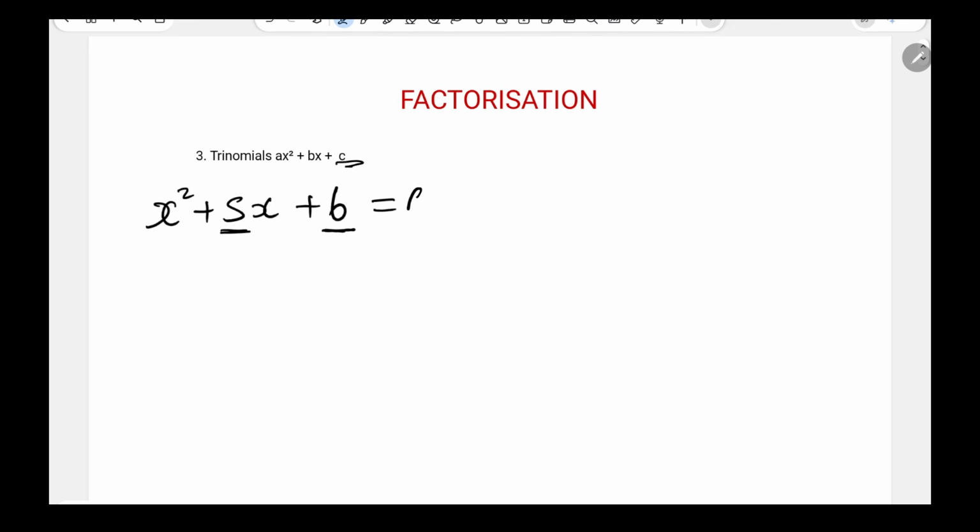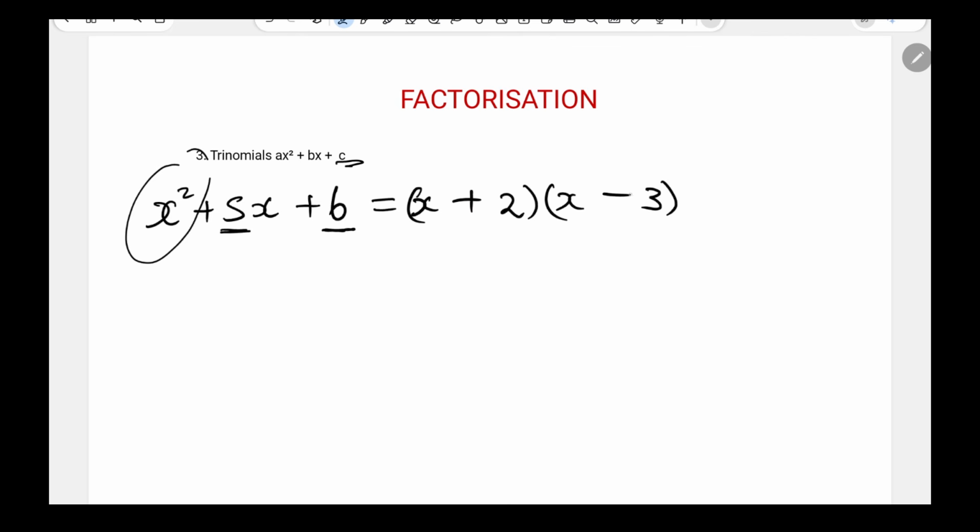You will open two brackets, then because of this x squared, you will put x and x. Then you will take those two numbers, one here, other here.